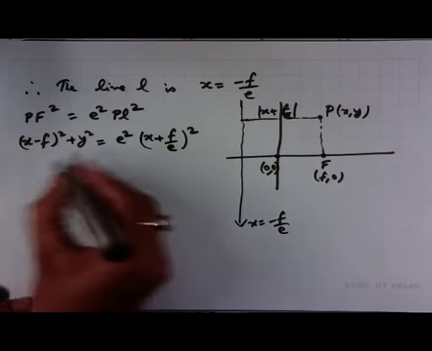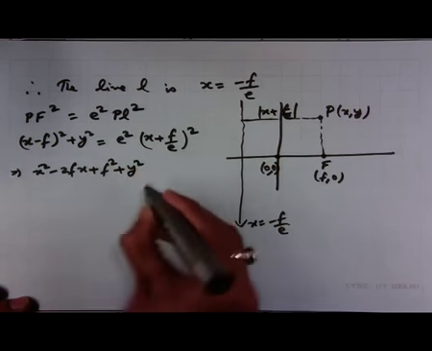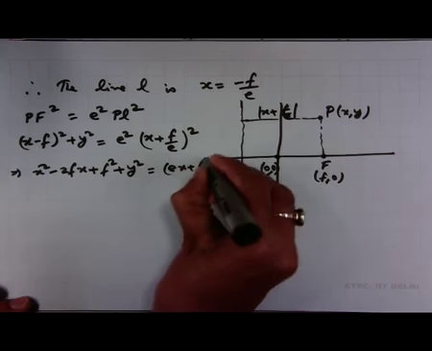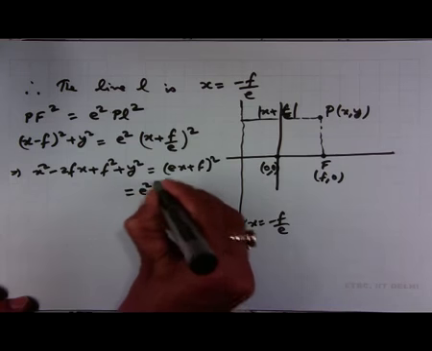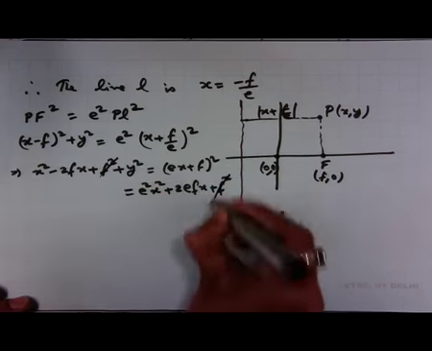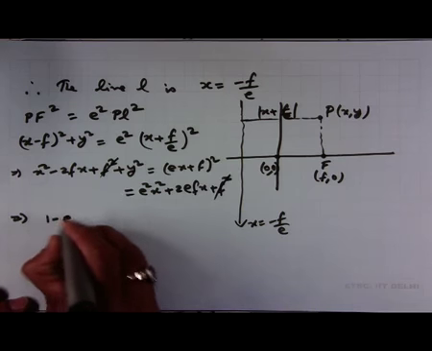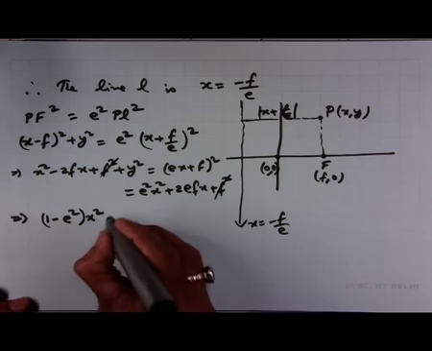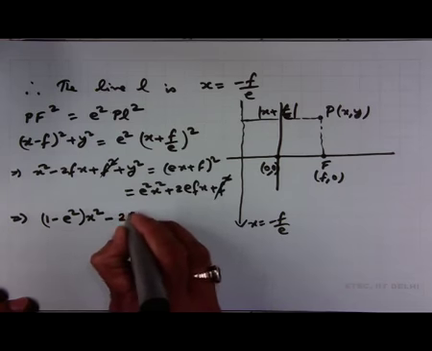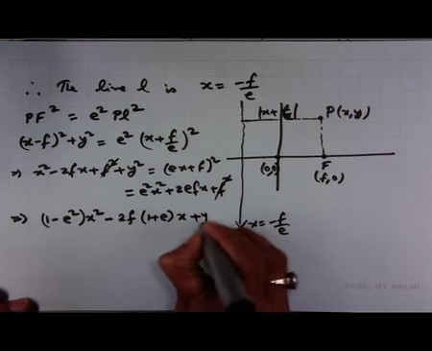So, if we simplify this, this gives x square minus 2fx plus f square plus y square equal to, this is (ex plus f) squared, which is e square x square plus 2efx plus f square. So, f square cancels and this gives (1 minus e square) x square minus 2f(1 plus e)x plus y square equal to 0.